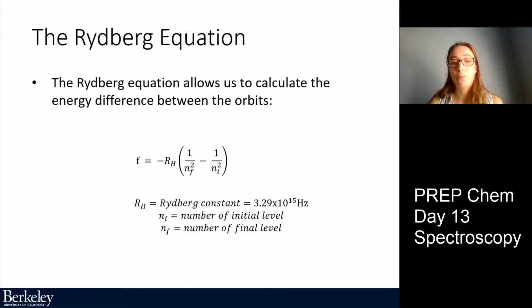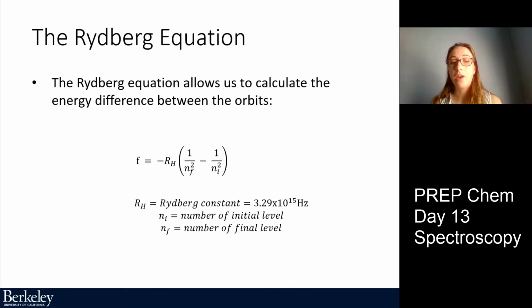So here you have a constant out front. This is called the Rydberg constant, and it's defined to be 3.29 times 10 to the 15th hertz. And then you have the integer number of your initial energy level and your integer number of your final level. So these would be the same numbers that we read off of our energy level diagram.